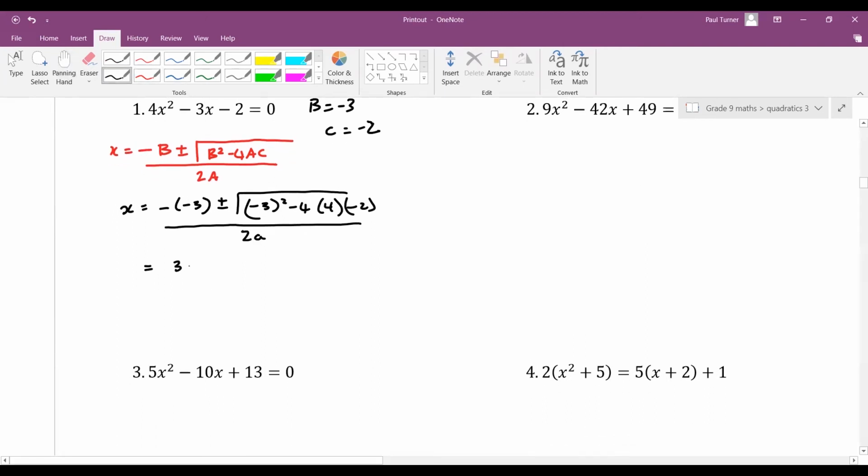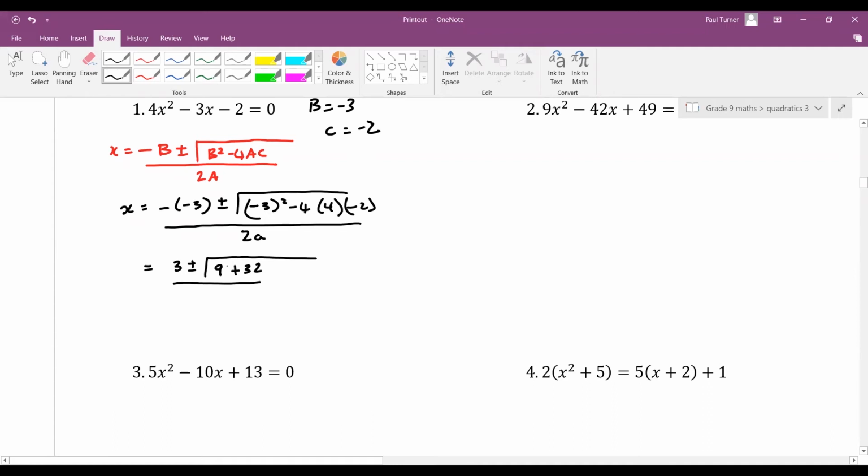So 3 plus or minus the square root of -3 squared is 9. Minus 4 times 4 is -16 times 2. That's going to be 32. And that's going to be plus 32, all on 2A. And A is 4.